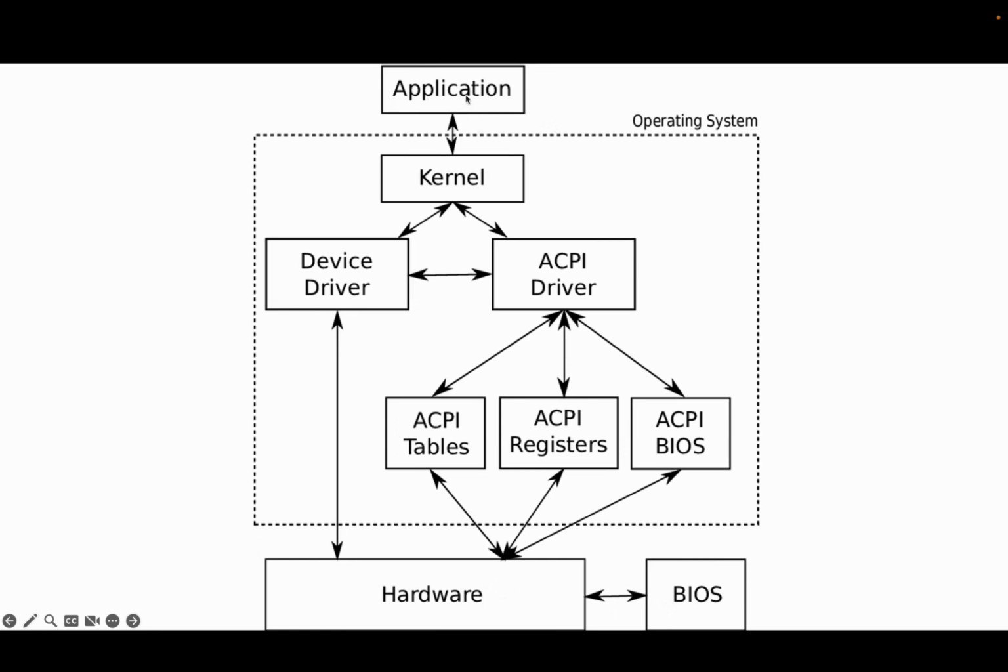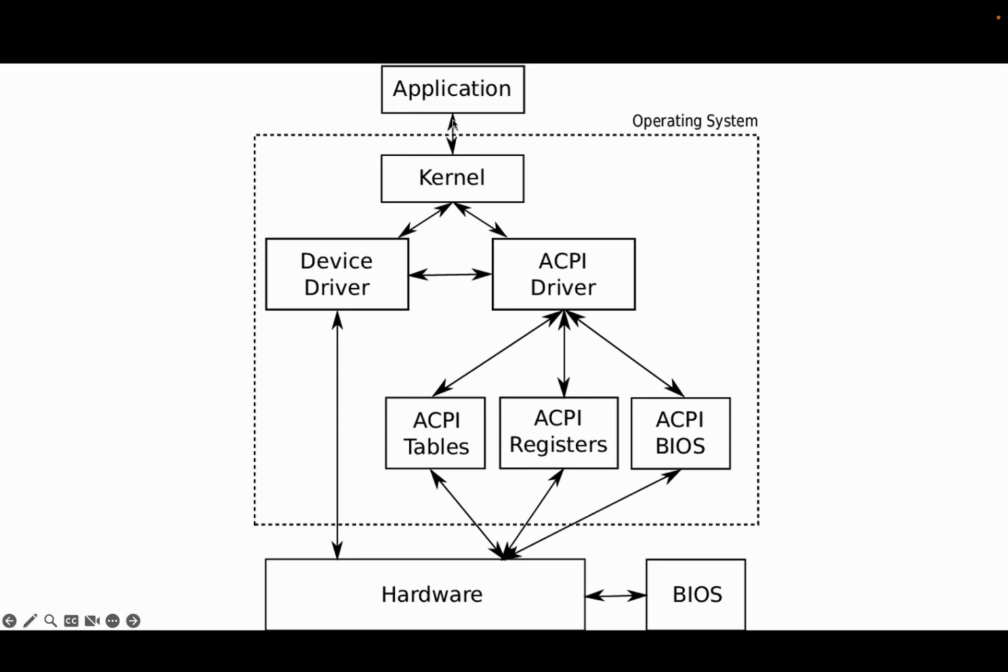Usually our application is outside the operating system layer, or what we usually call the kernel space, and here the application lies in the user space. So the user space can communicate with kernel space.